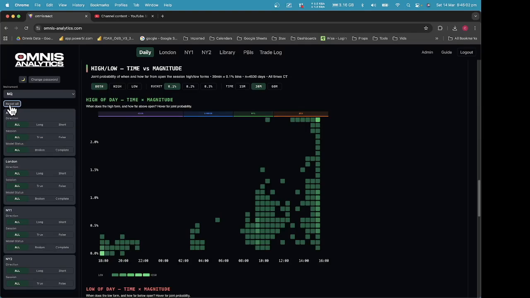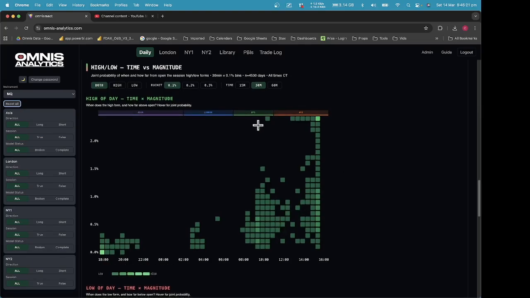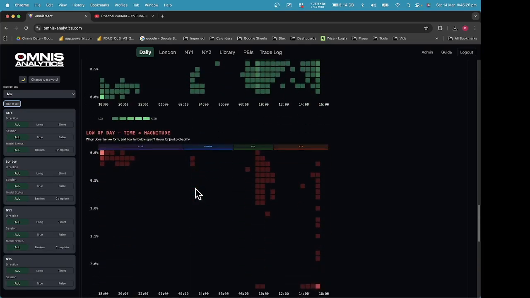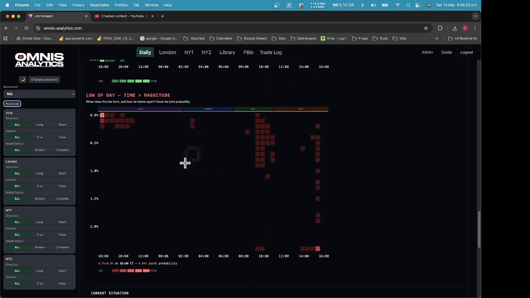This is a two-dimensional heat map showing the joint distribution of when the daily high or low forms on the x-axis to how far it extends as a percentage on the y-axis, right? The brighter cells indicate more frequent combinations. So obviously we have the higher day here and the lower day, right?